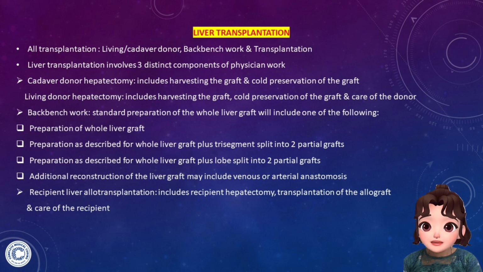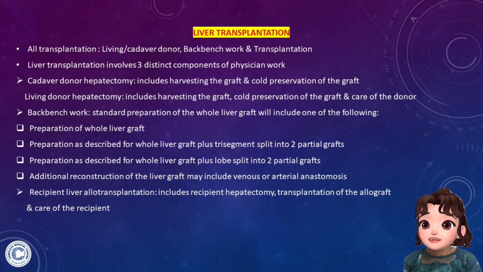The second one is backbench work. Backbench work means preparation of the whole liver graft. It includes any one from the following. It can be preparation of the whole liver graft. It can be preparation as described for the whole liver graft plus trisegment split into two partial grafts.